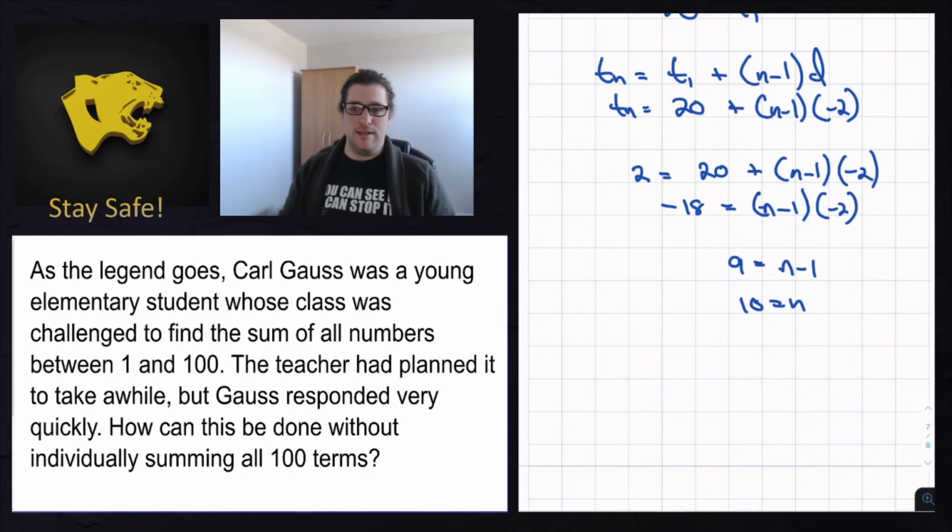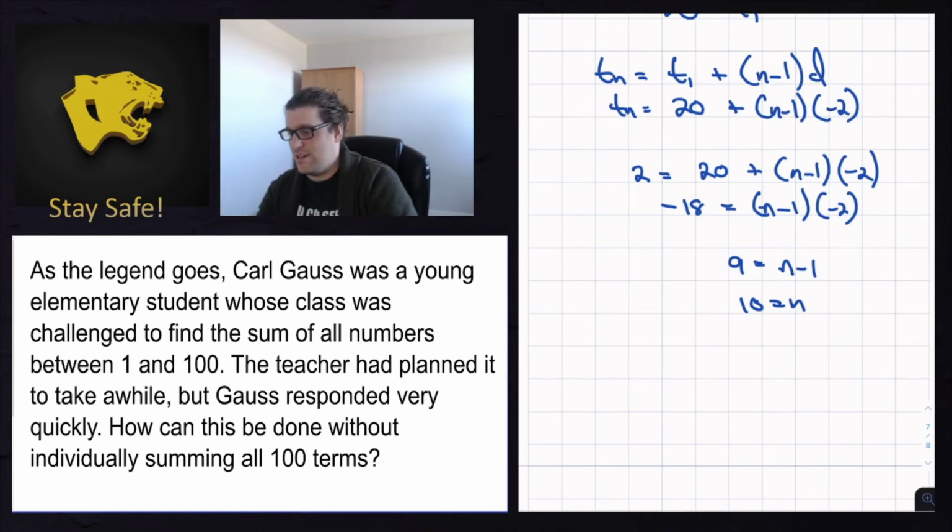But Gauss, who is credited with coming up with this on a whim during elementary, the thing that we're going to look at in just a second, or at least a portion of it. Here we go. So he was challenged to find the sum of all numbers between 1 and 100. Teacher had planned it to take a while, but Gauss responded very quickly.